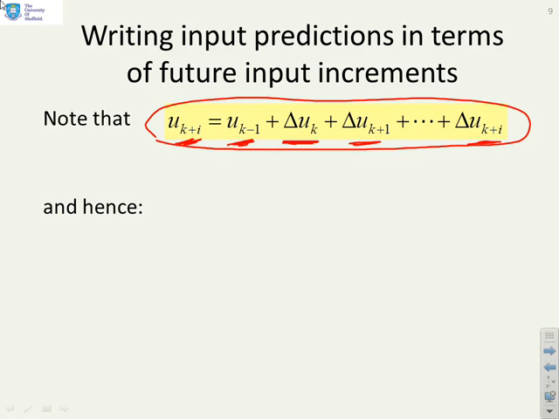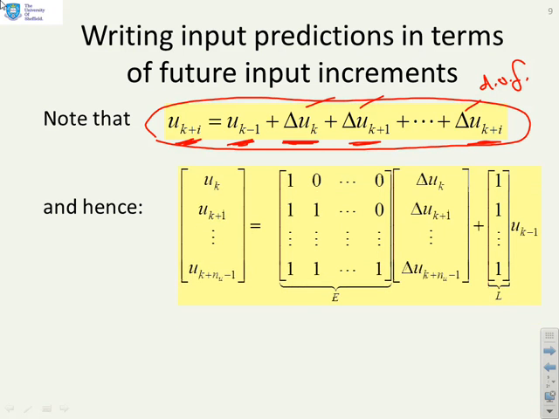And the reason we've done that is you remember that these delta u's are our degrees of freedom. Now what this means is I can express my future inputs in terms of my future increments. So u_k is going to be 1 times delta u_k plus u_{k-1}. u_{k+2} is going to be delta u_k plus delta u_{k+1} plus u_{k-1}, and so on.